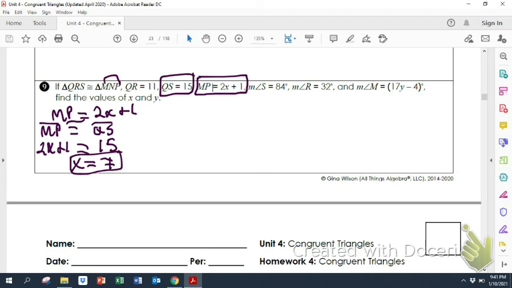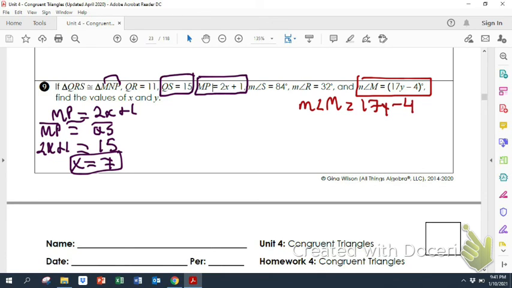We also have to find the value of angle y. So what do we know about angle y? The measure of angle y, I'm sorry, not the measure of angle M is equal to 17y minus 4.